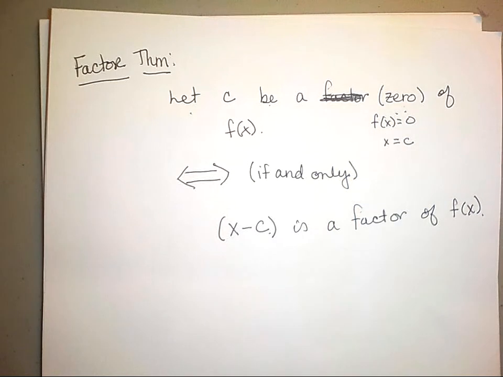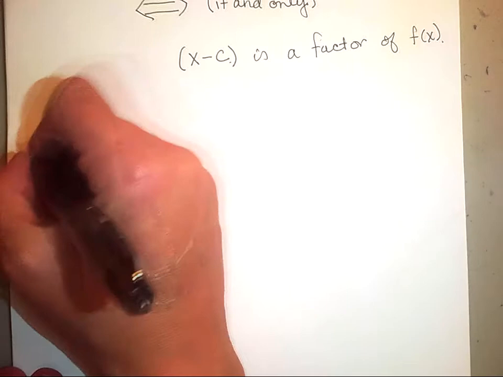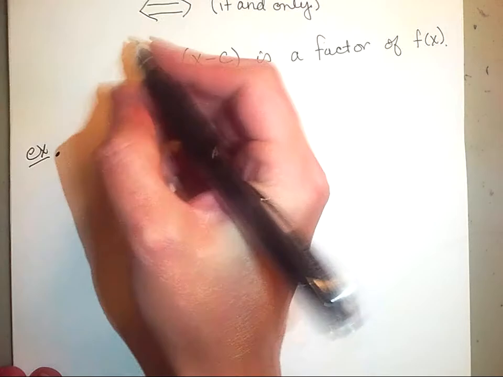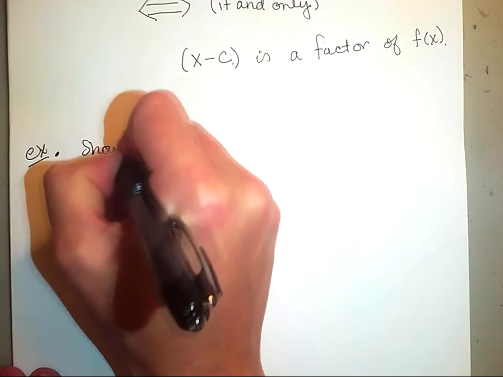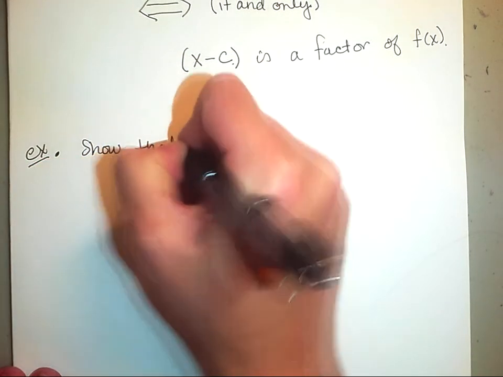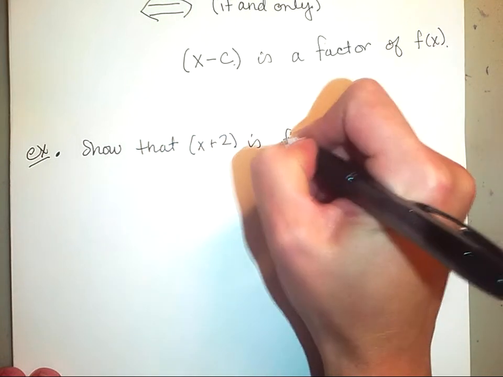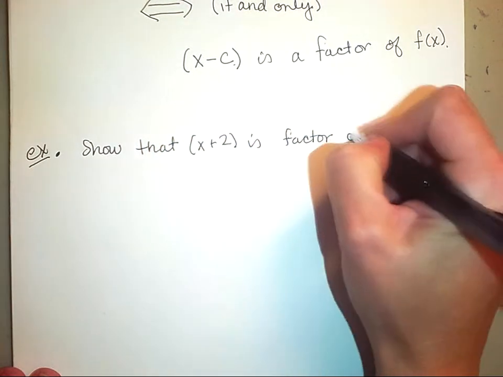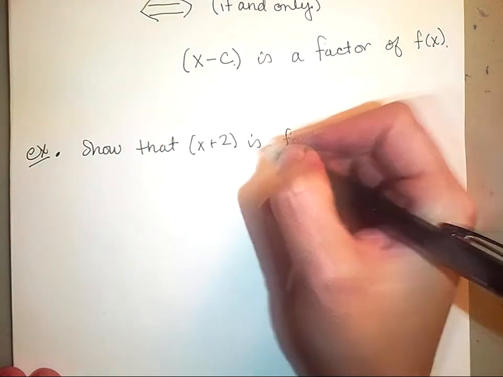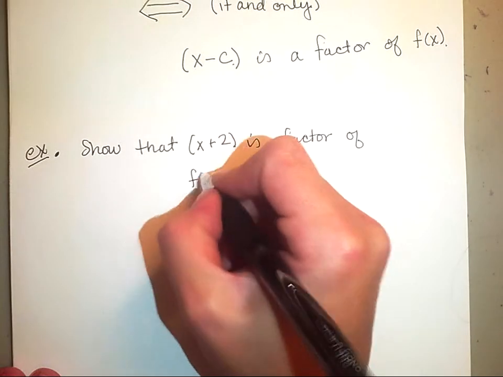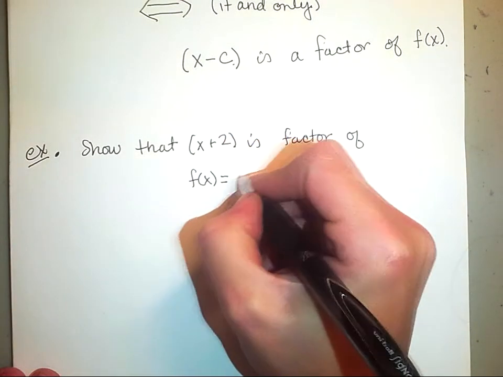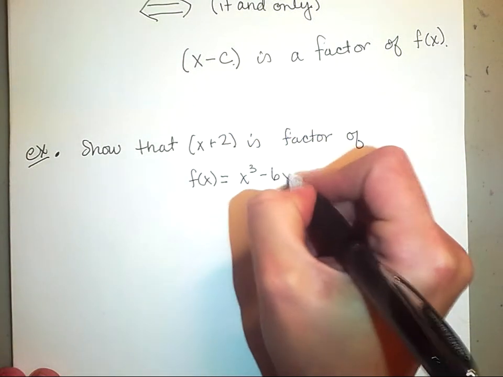For example, let's look at, first of all, let's show that x plus 2 is a factor of, let's let our function be f of x is x cubed minus 6x squared minus x plus 30.